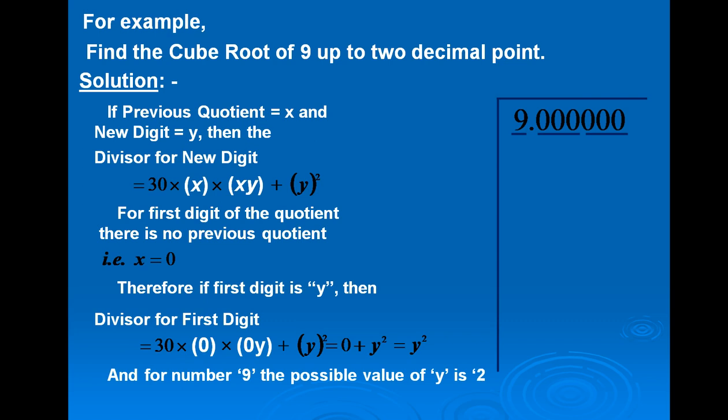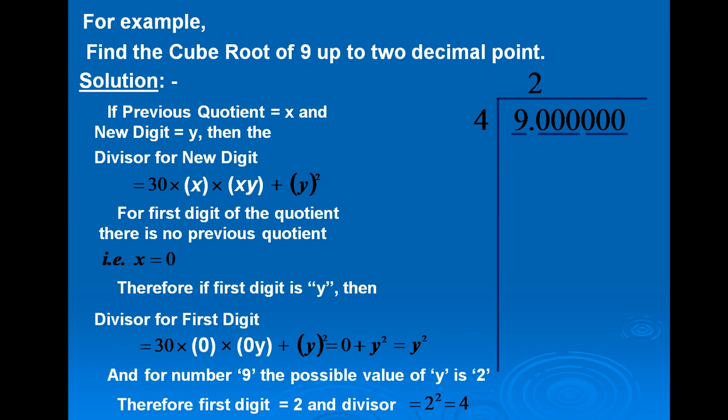For number 9, the possible value of y is 2. Therefore, the first digit of the quotient is 2 and the divisor is 2 square, which is 4.